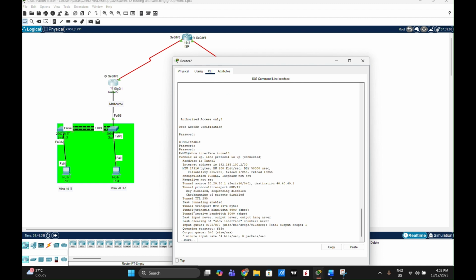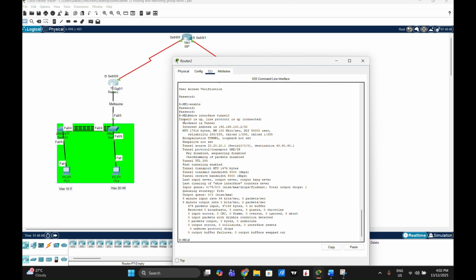So here we can see tunnel 0 is up, line protocol is up. It means it's connected, and hardware is tunnel. And we can see the MTU is 17916 bytes. So this shows that it's working.